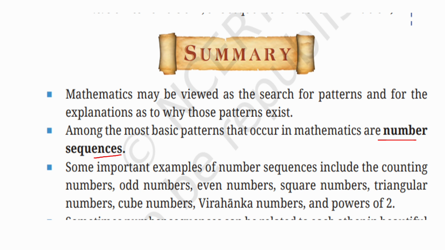Some important examples of number sequences include counting numbers, odd numbers, even numbers, square numbers, triangular numbers, cube numbers, Virahanka numbers, and powers of 2. All these sequences we already learned.